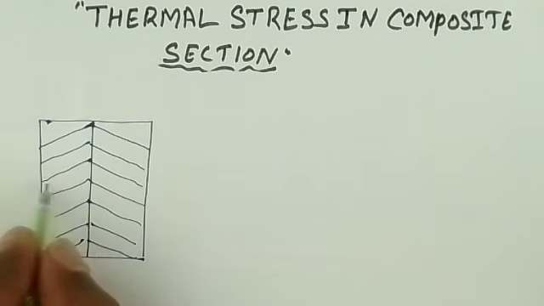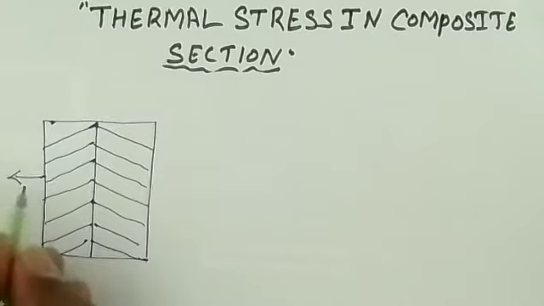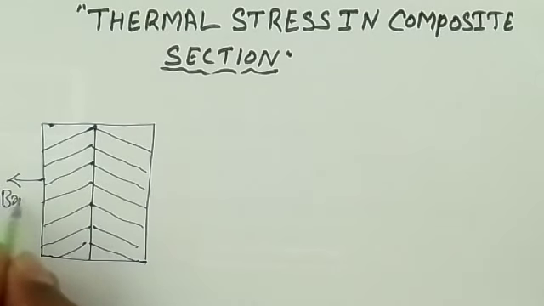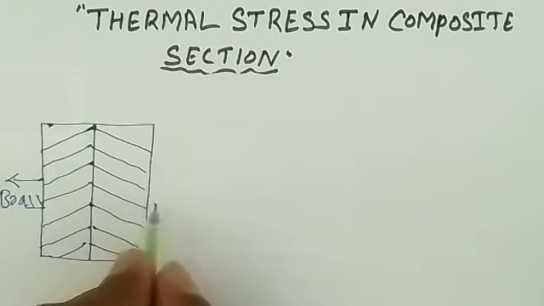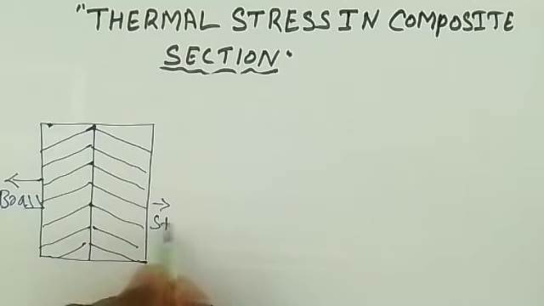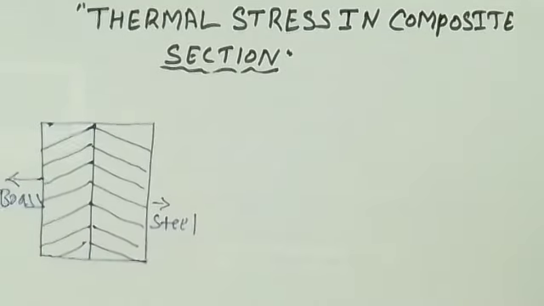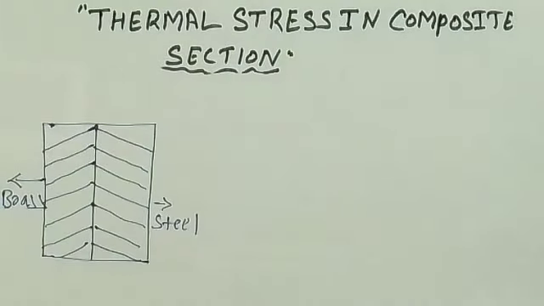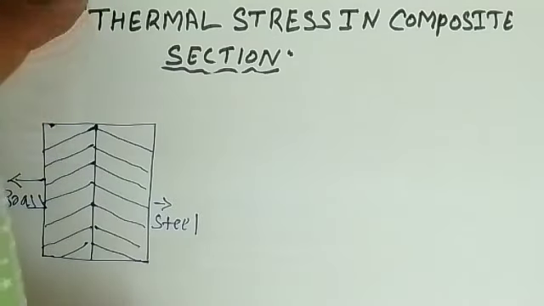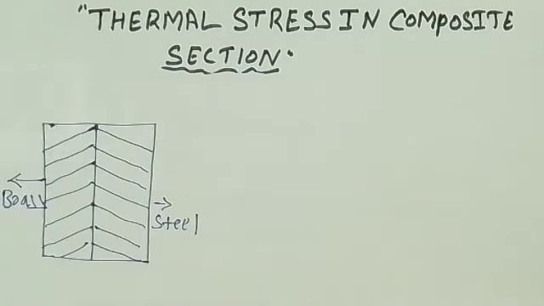Now let's say this is the brass, and this is the steel. When it is subjected to temperature changes, thermal stress will be induced, and you know that because of the temperature changes this body is going to elongate, meaning expansion will take place. The material whose coefficient of linear expansion is more will expand more.